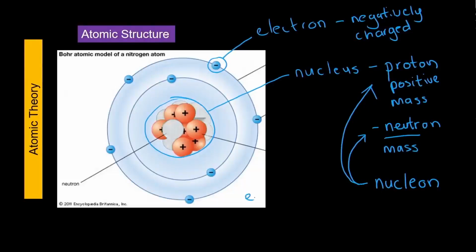It has equal number of protons and electrons. So what happens if an electron is added? And that happens in a chemical reaction. So when there's a chemical reaction between atoms, the electrons are added, or they are removed, or they are shared. And so we are going to consider electrons being added.